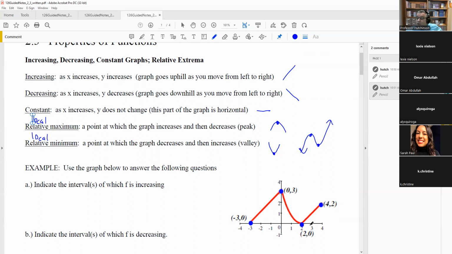The relative min only occurs at the point 2, 0. This point here, -3, 0, would not be considered a relative min because I don't have a decreasing part that comes before that. Only the 2, 0 is, because I have decreasing and I have increasing there at that point. So that describes all that.